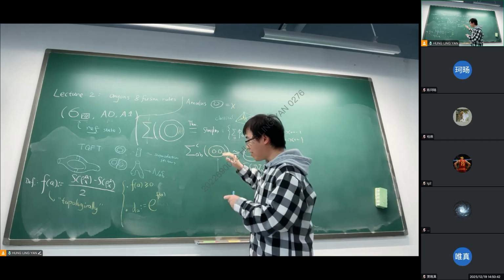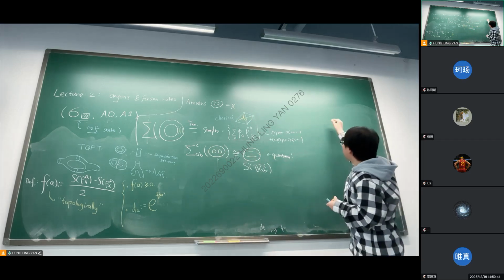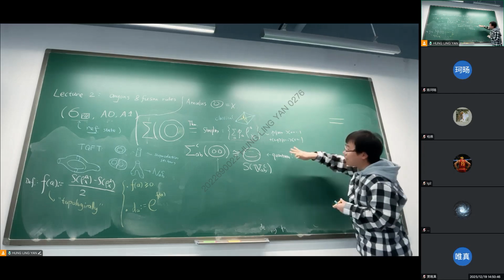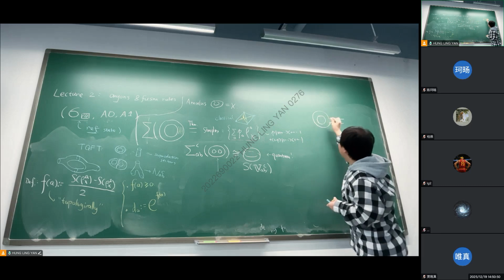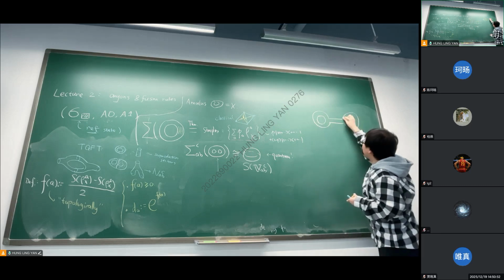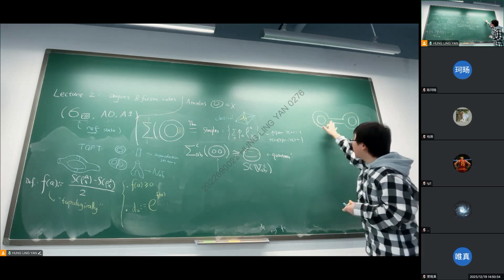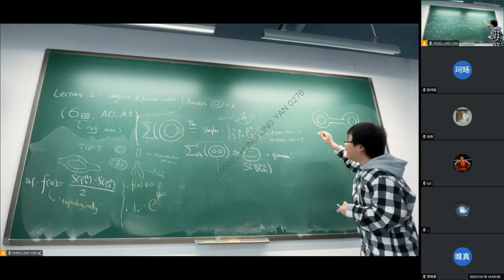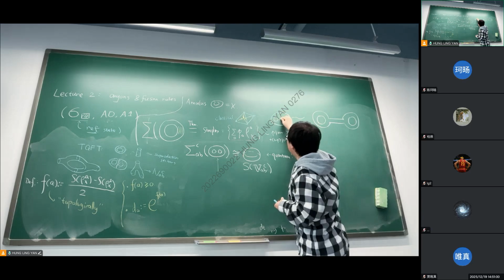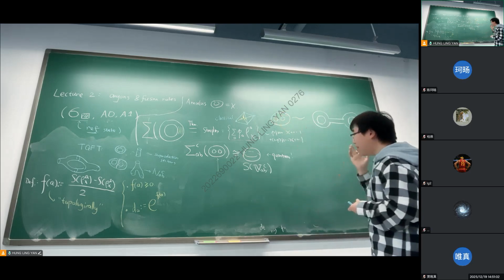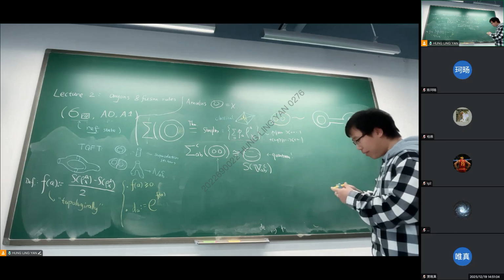Suppose we have a two-hole disk, and we topologically deform it to make it more visible, so you can have the left and the right. It's the same as the two-hole disk, but not in this way.